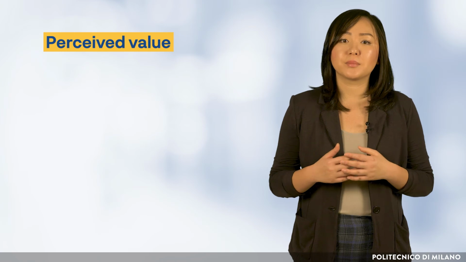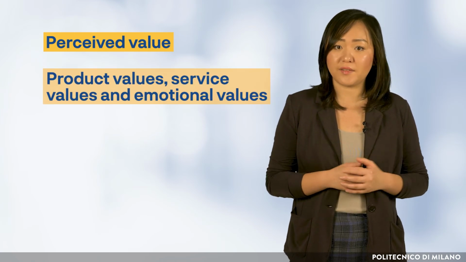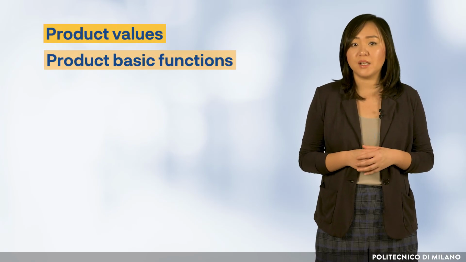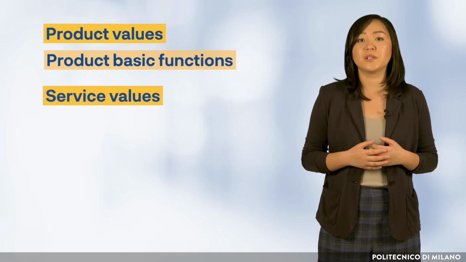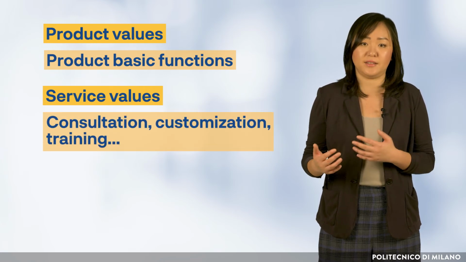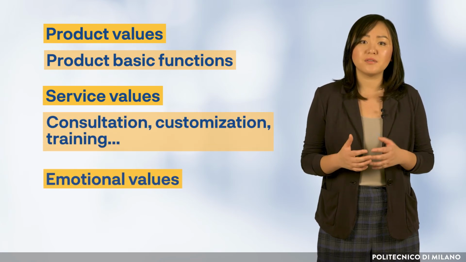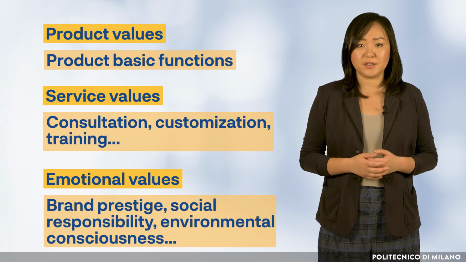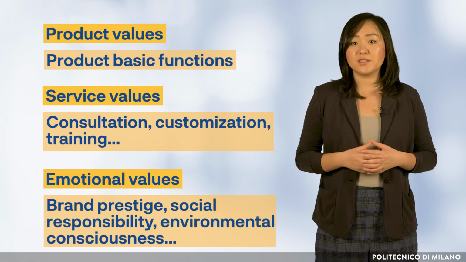The total value of the product is composed of the product value, the service value, and the emotional values. Product values refer to the product's basic functions. Service values come from related services such as consultation, customization, training, and so on. Emotional values could be related to brand prestige, social responsibility, environmental consciousness, and so on.